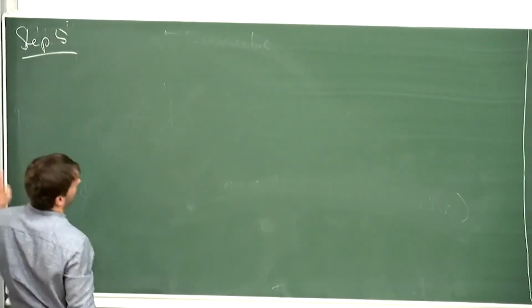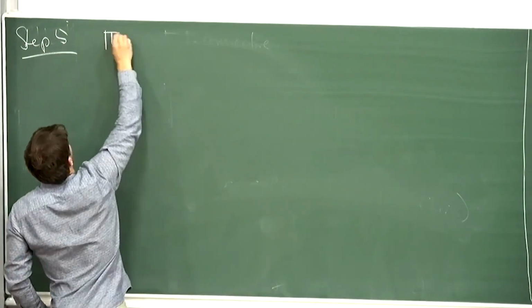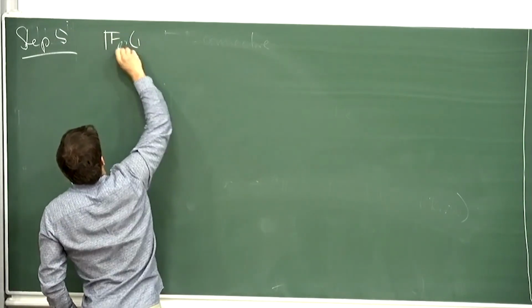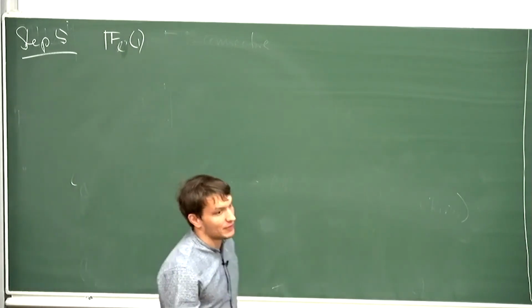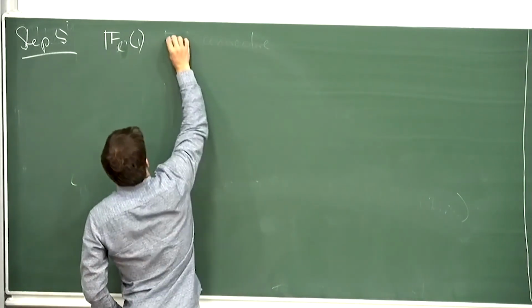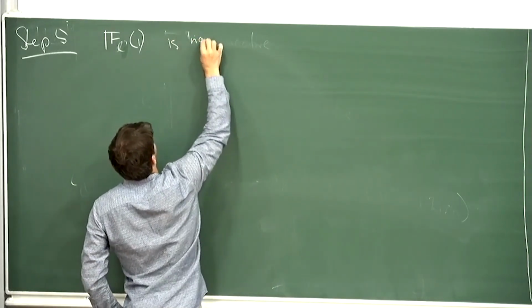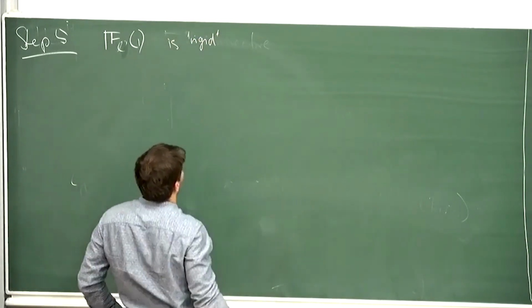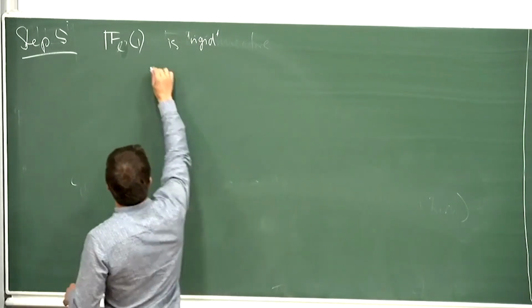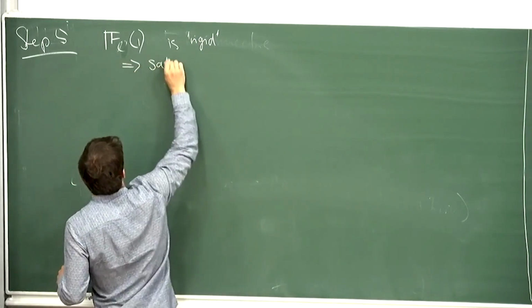Step 5 is that because this FLI guy was rigid before cdh sheafification. Okay, so let me just say it is rigid. And this tells me that it satisfies something called Henselian V excision.